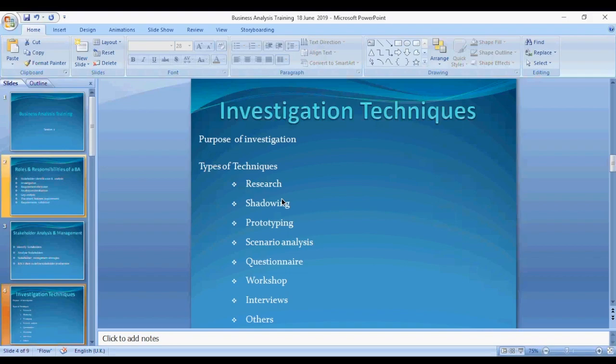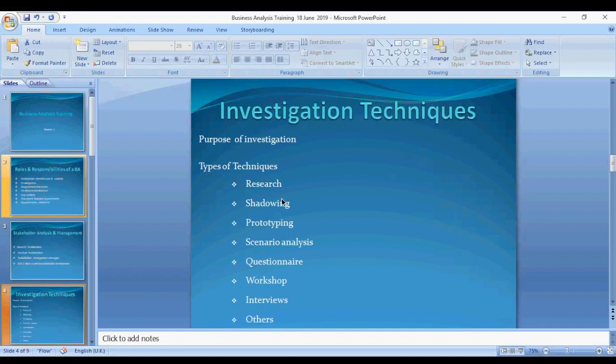But the most important thing that you need to notice is that the BA needs to determine the investigation technique that you want to use for the project, because the project manager will not determine that for you, that you have to use a workshop or an interview, or your BA manager will not advise you to say this is the technique that you need to use.